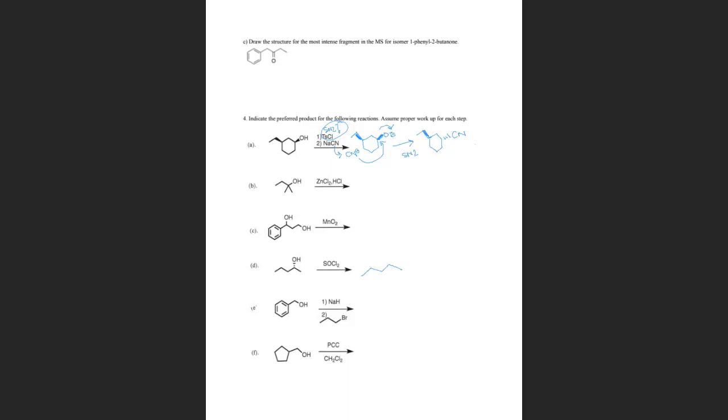So thionyl chloride, it'll actually do primary alcohols using SN2, and then it'll do secondary and tertiary using SN1. So when I draw this chlorine group on this carbon, should I invert the stereochemistry or no?